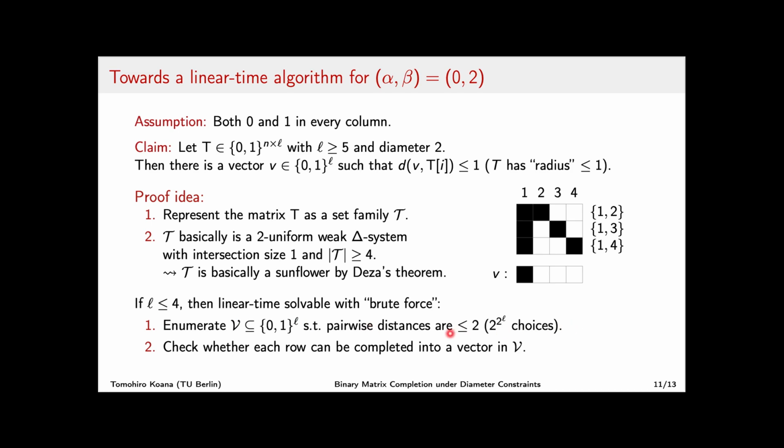This has 2 to the 2 to the L choices because there are 2 to the L vectors in here. And then we just check whether each row can be completed into one of the vectors in the enumerated vector set. So when L is at most 4, the diameter matrix completion can be solved in linear time.